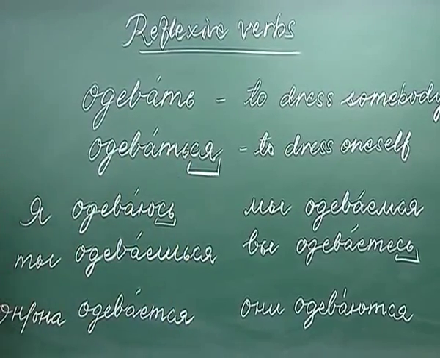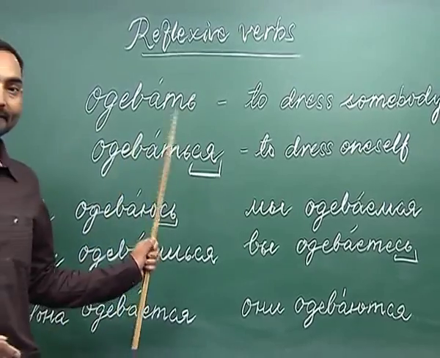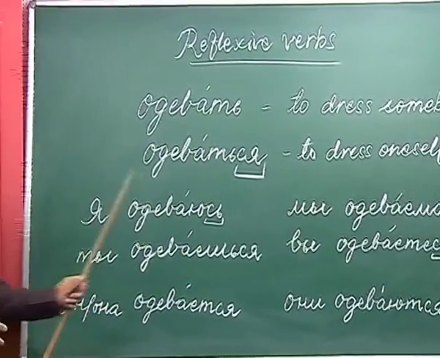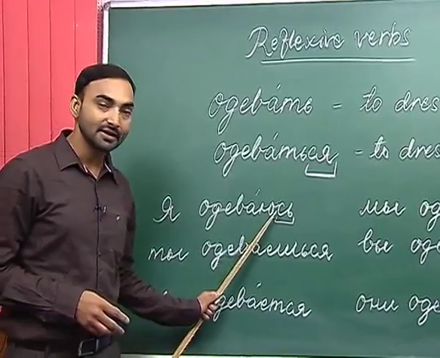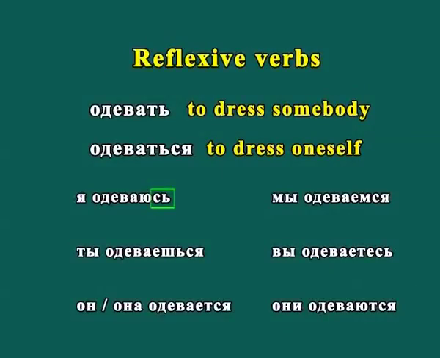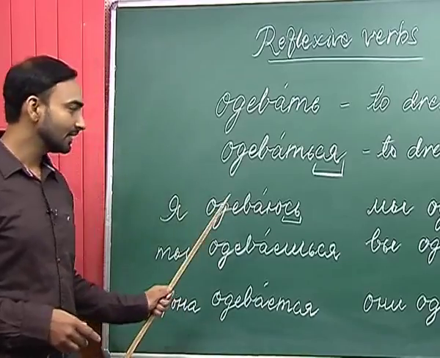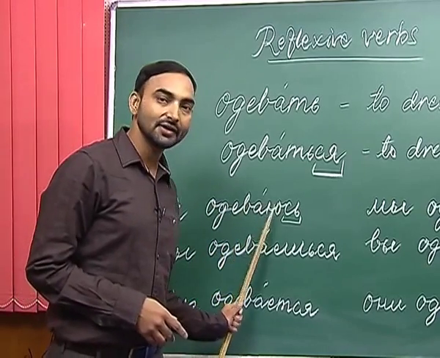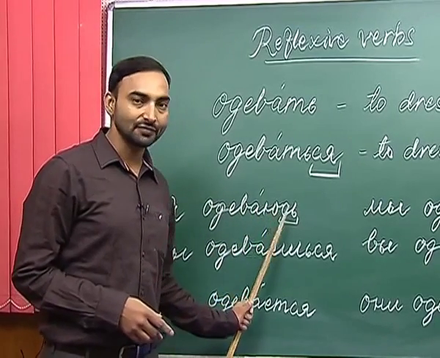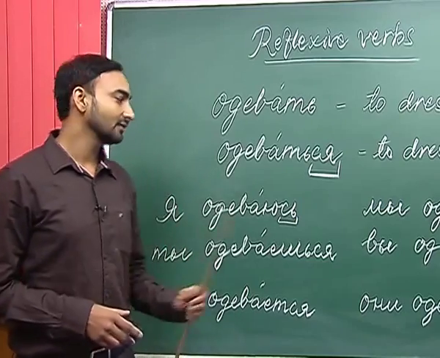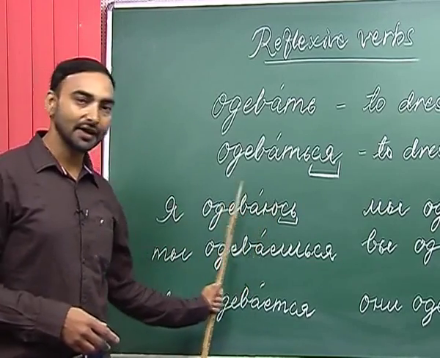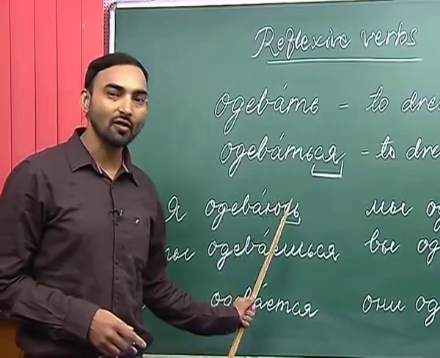So, what will happen when we add sya to it? As you can see here, with ya I have added sa and soft sign. Why? Because odevayu ends with a vowel. So, sa and soft sign is added if the conjugated form ends in a vowel.